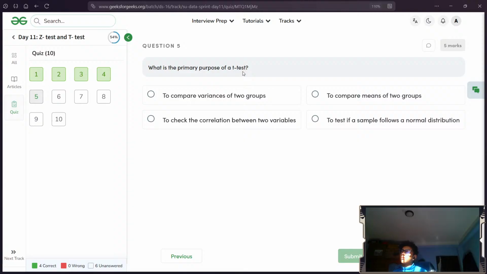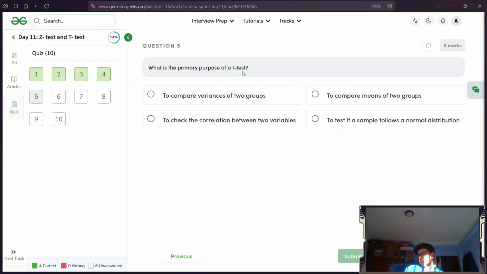To compare variance of two groups, to compare means of two groups, to check the correlation between two groups, to test if a sample follows a normal distribution. Variances or means? Primary purpose.